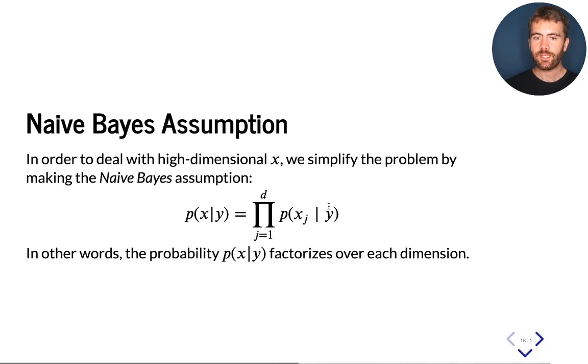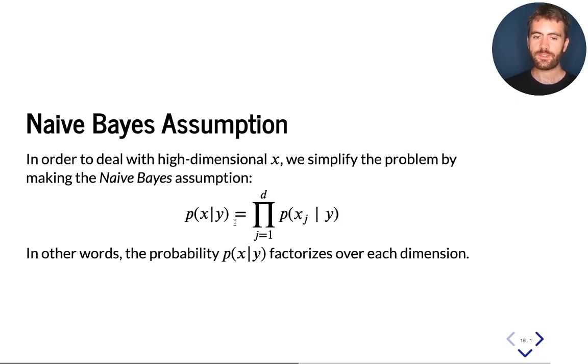So the naive Bayes algorithm makes a particular assumption that simplifies this problem and resolves the high dimensionality problem that I just defined. The particular assumption that it makes is also called the naive Bayes assumption, and it goes as follows. In order to deal with these high dimensional x's, we are going to assume that the distribution of x given y factorizes in this form.